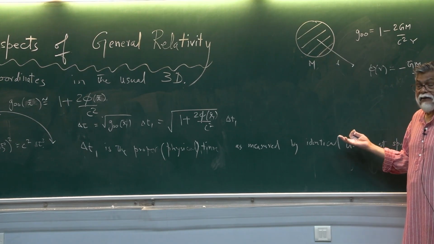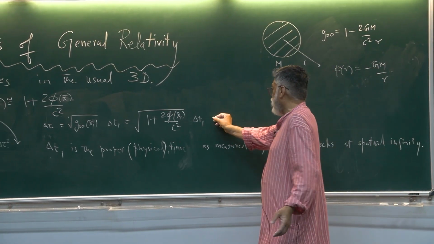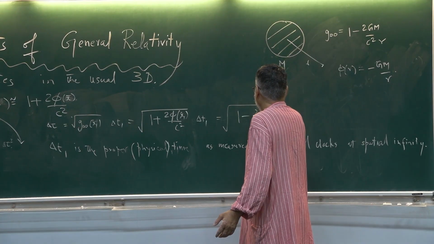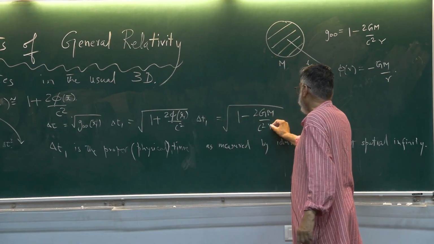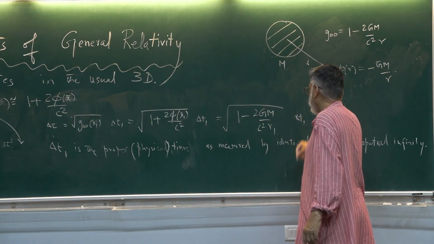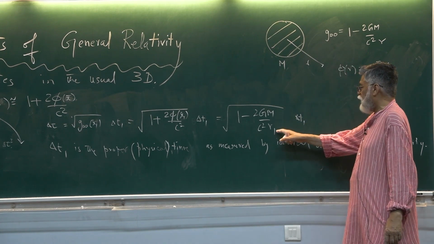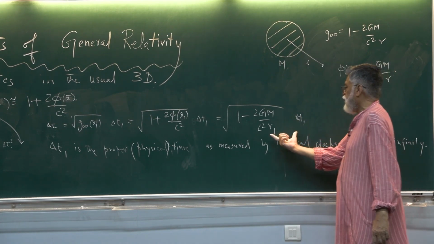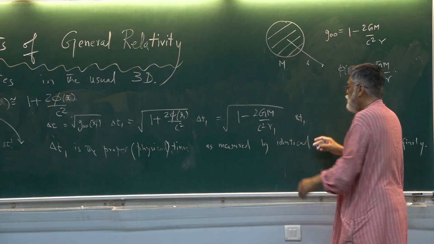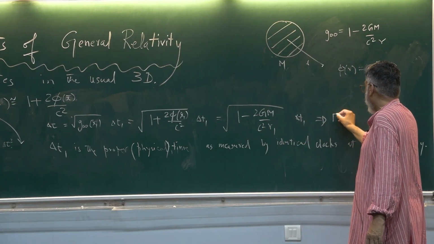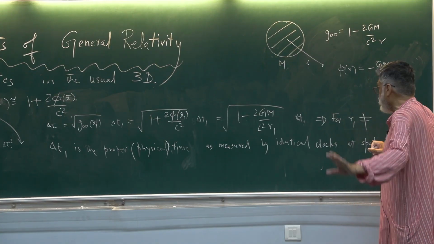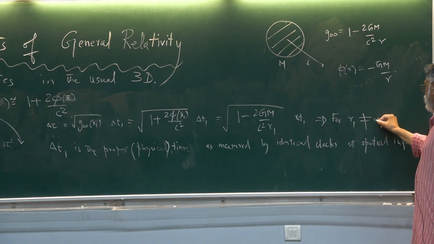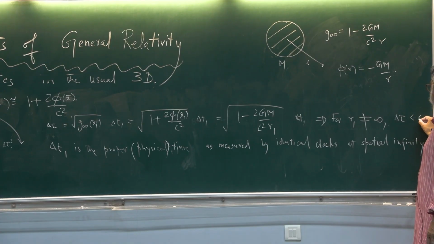Now that's very interesting. So let's now put in the values. So this is 1 minus 2GM by c square if the clock is in your curvilinear coordinate system at r1, delta t1. So which is bigger? When r1 is not infinity, you can see that because of the minus sign, for r1 not equal to infinity, of course infinity doesn't exist in mathematics, so I am being cavalier, delta tau is less than delta t1.